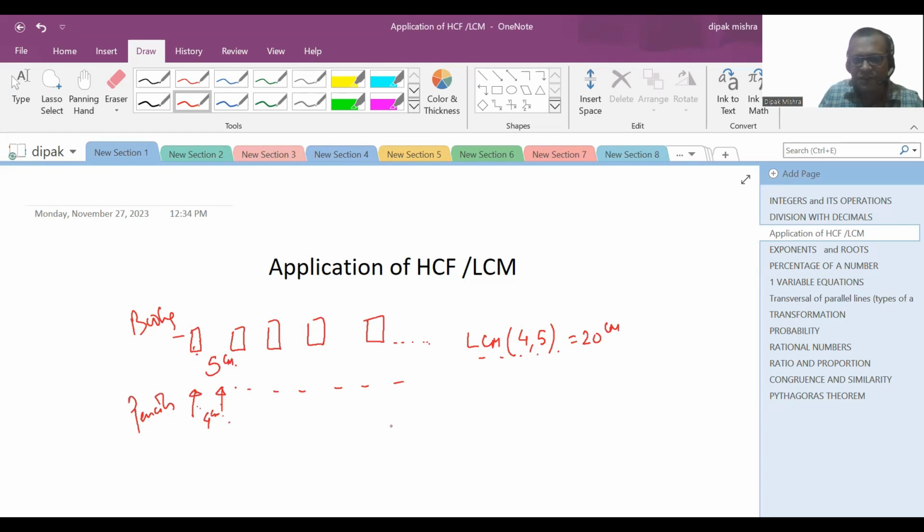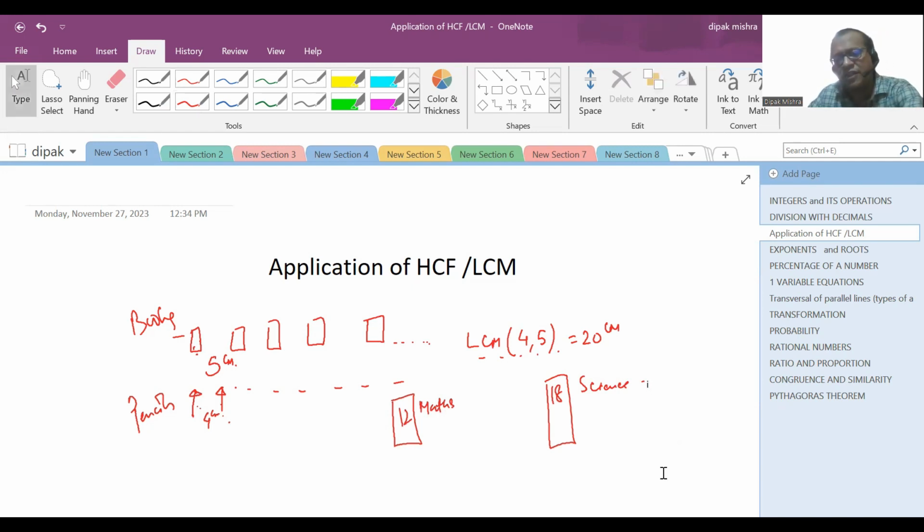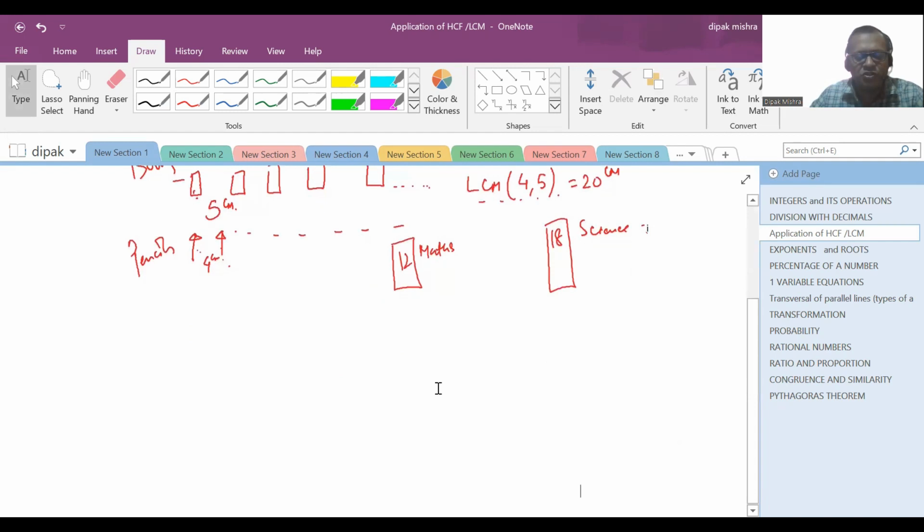Now, conversely, if I tell you that you have, say, 12 maths books and 18 science books, and they have to be arranged in shelves, and the shelves have the same capacity, which means each shelf can hold the same number of books, right?